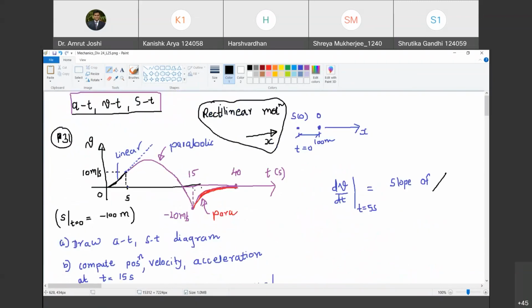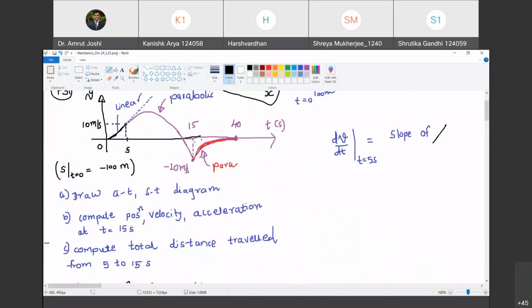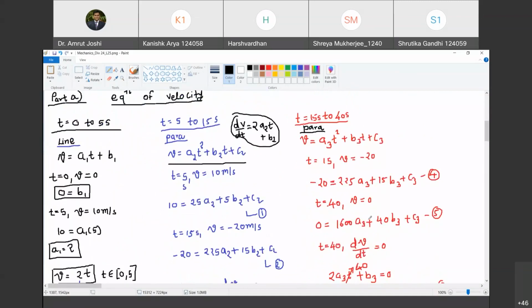Two conditions are easy. At time t equal to 15 seconds, you have the value of velocity as minus 20. So minus 20 is equal to a3 into 15 square, which is 225, so 225 into a3 plus b3 into t, that is 15 into b3, plus c3.